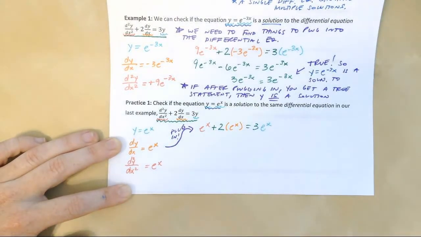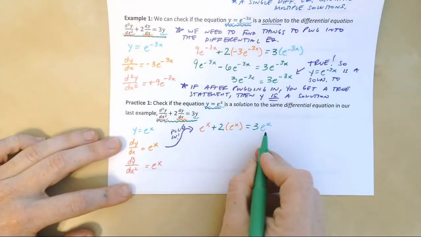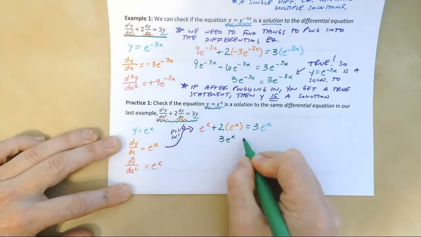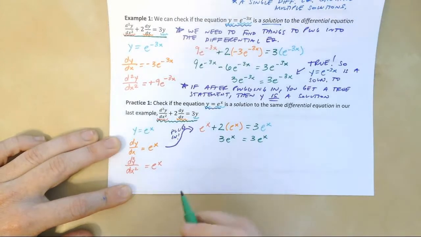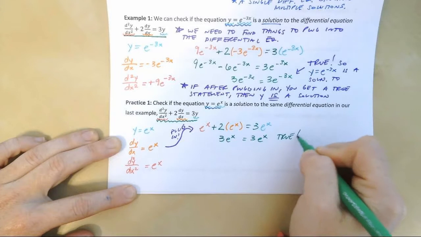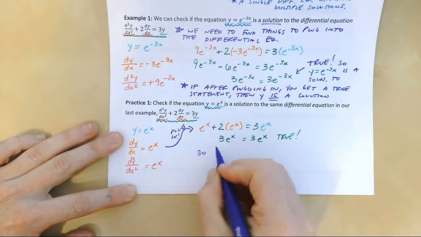Alright, next step, simplify. So now we can fully simplify this. We have e to the x plus 2e to the x equals 3e to the x. e to the x plus 2e to the x, that's 3e to the x equals 3e to the x. Did we get a true statement? This is true. And then we would finish it off.